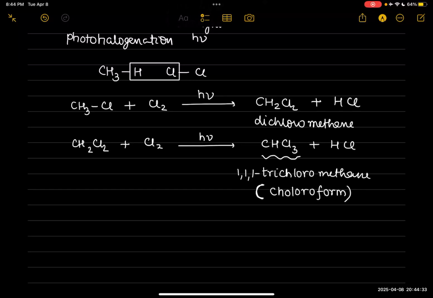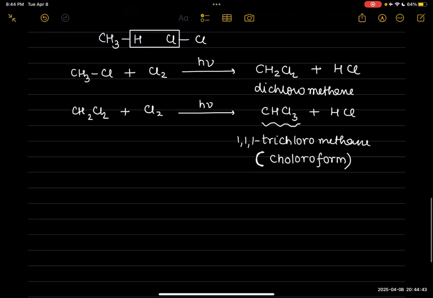So now you know how to prepare chloroform. Just take 1 mole of methane and carry out its chlorination 3 times by taking 3 mole of Cl2. You will get chloroform. And if you take an excess of chlorine, means 4 moles or more than that, the reaction may happen again.